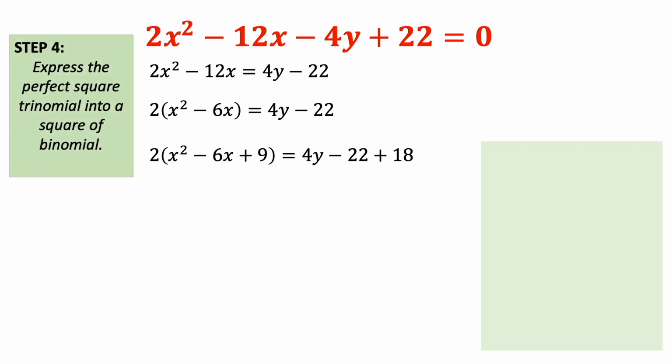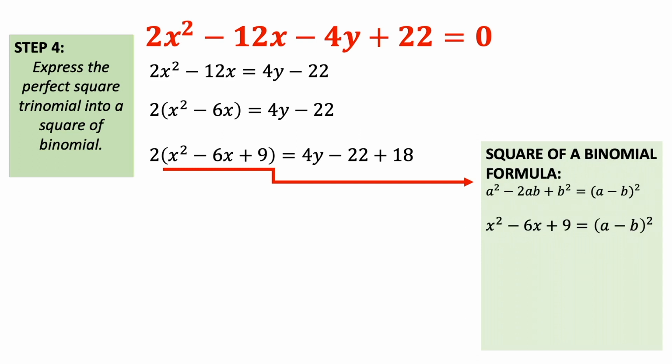Now, we will express the perfect square trinomial in the left side of the equation as a square of binomial. Since our trinomial is of the form a squared minus 2ab plus b squared, we will use the formula quantity a minus b squared. Since a squared corresponds to x squared, we will get the square root of both sides to get the value of a.